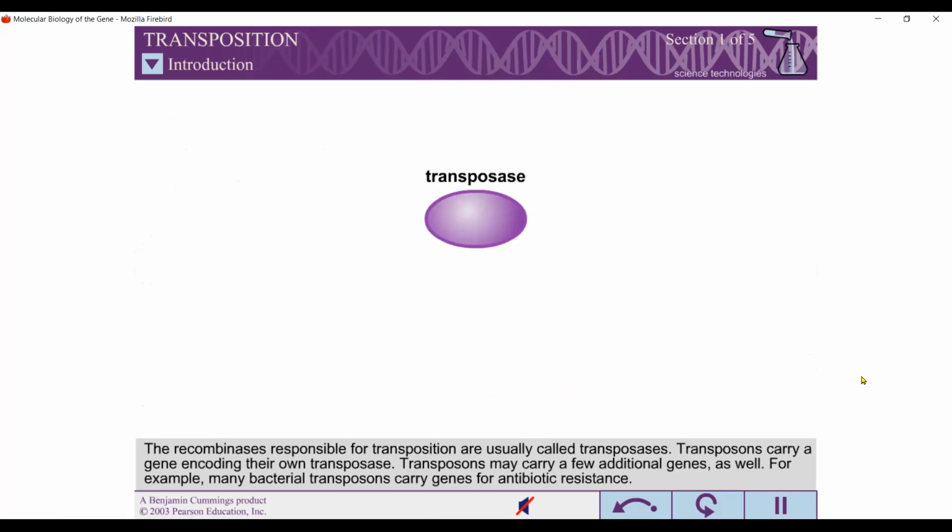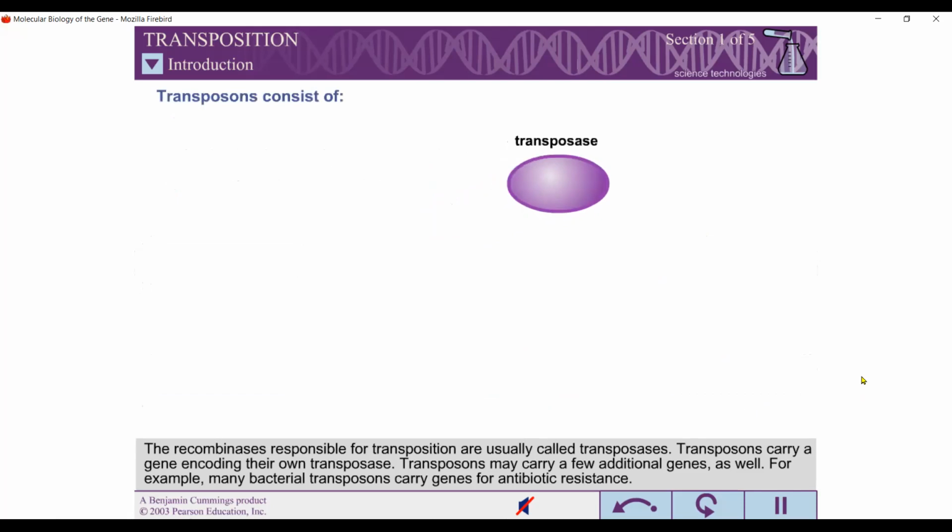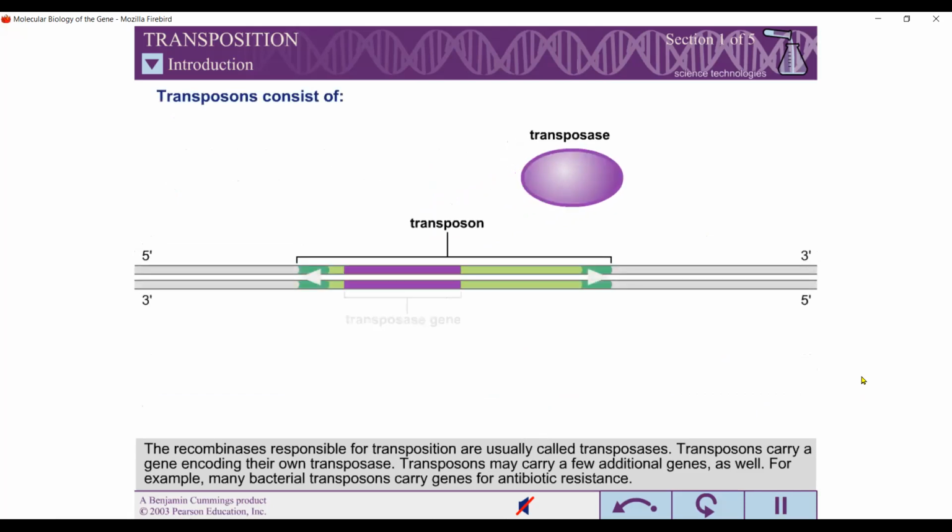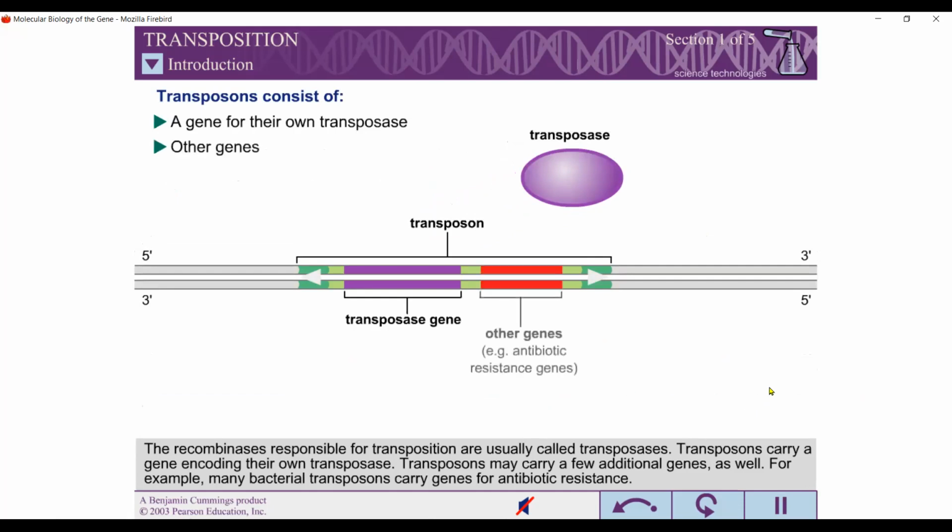Now, as I said, the enzymes responsible for transposition are usually called transposases. Transposons carry a gene encoding their own transposase. So if they're autonomous, they have their own transposase gene. Often, transposons are also seen to carry a few additional genes.